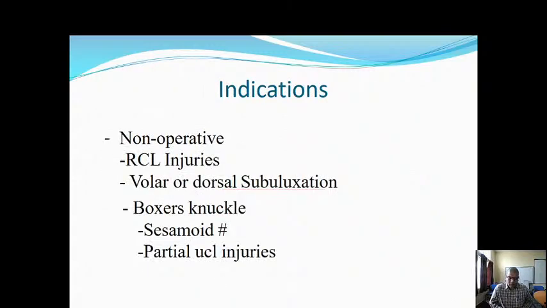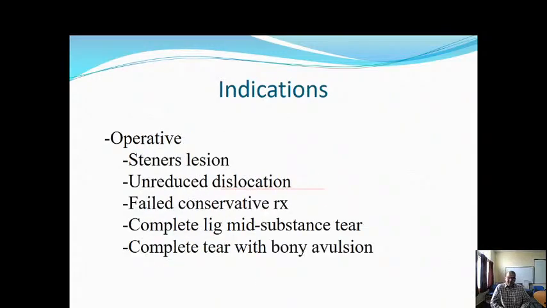Indications for non-operative treatment: if there are radial collateral ligament injuries also, or if there is a volar or dorsal subluxation. Okay. Operative: Stener lesion, unreduced dislocation, failed conservative treatment, complete ligament mid-substance tear, complete tear with bony avulsion, we need to operate.